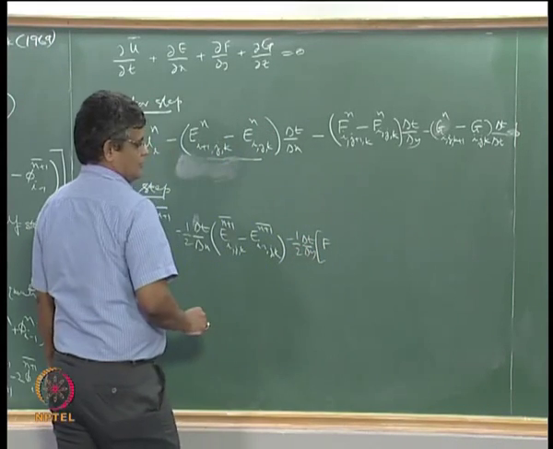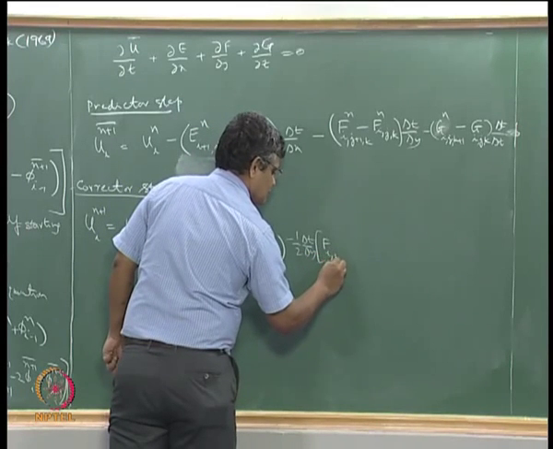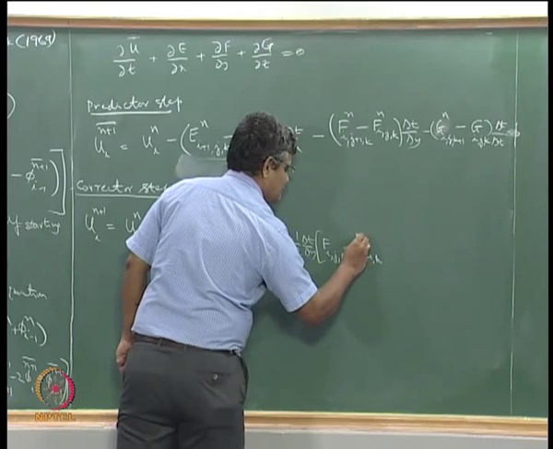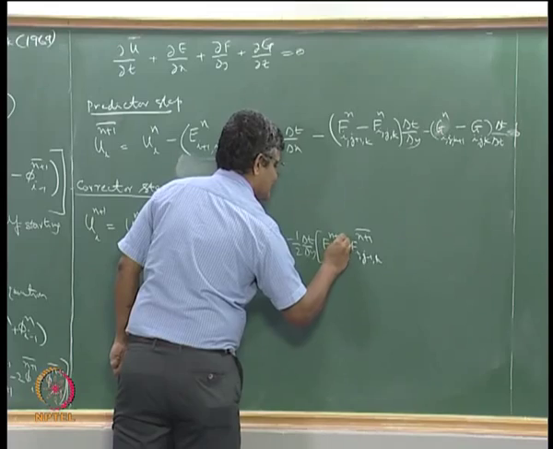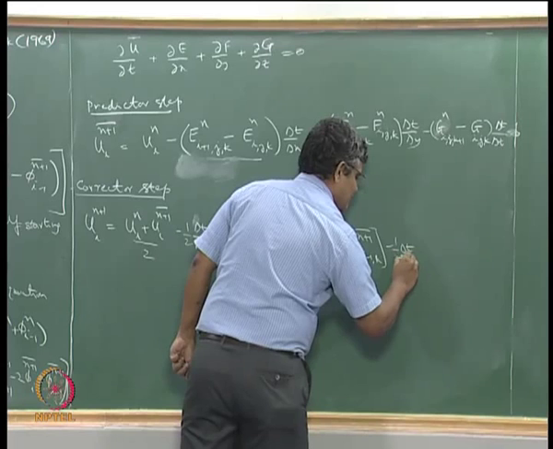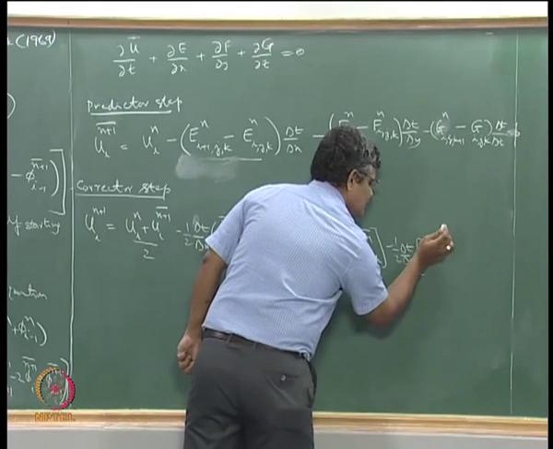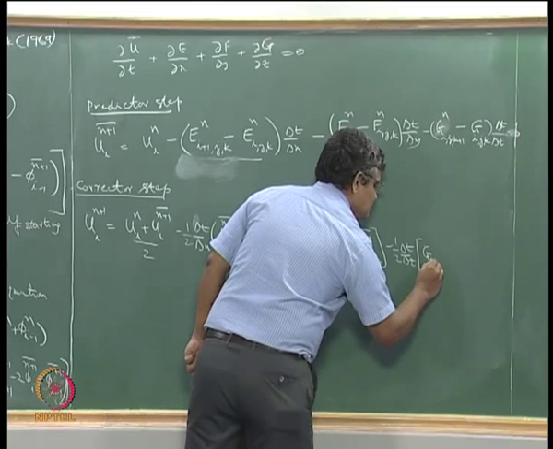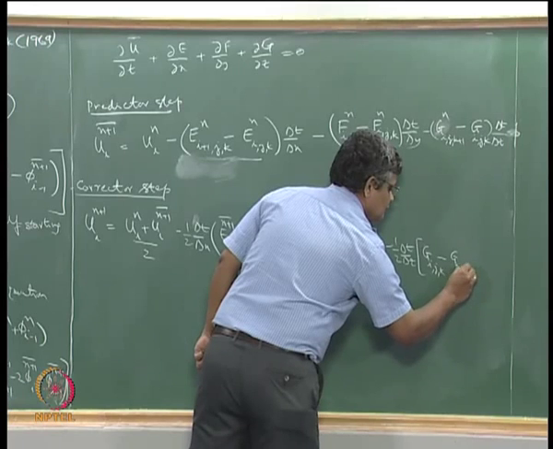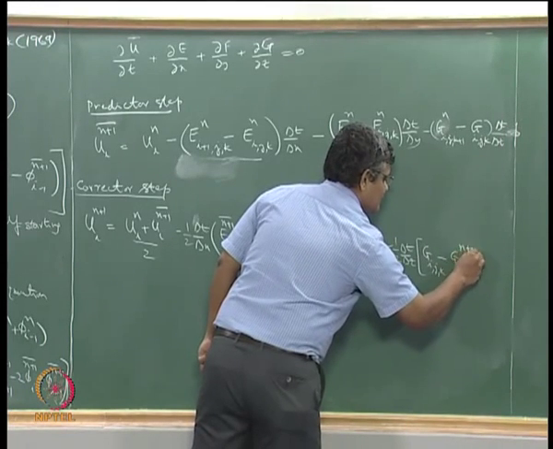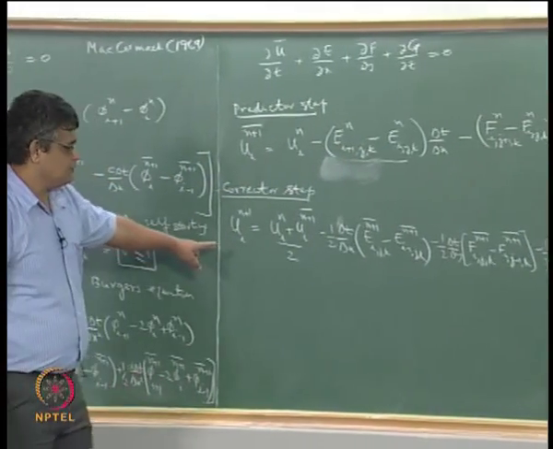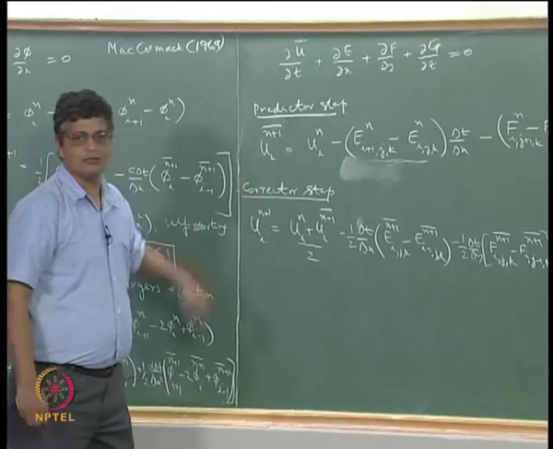Again we make use of backward differencing, F i j k minus F i j minus 1 k at the intermediate values, minus half delta t by delta z, G i j k minus G i j k minus 1 at the intermediate. So we evaluate the value here in this way.